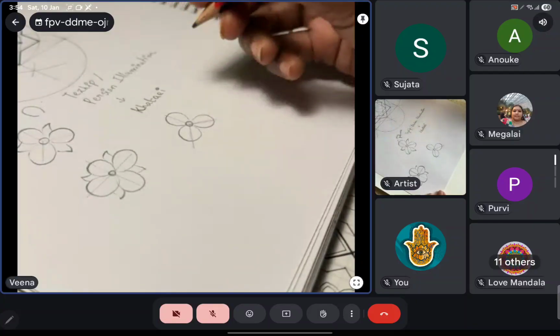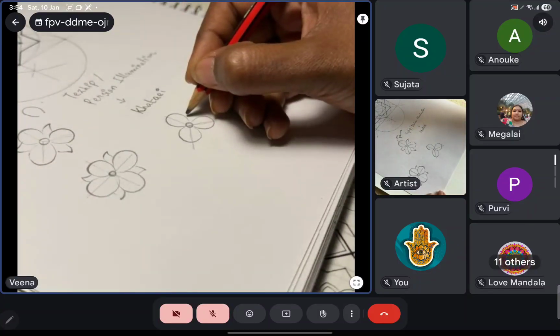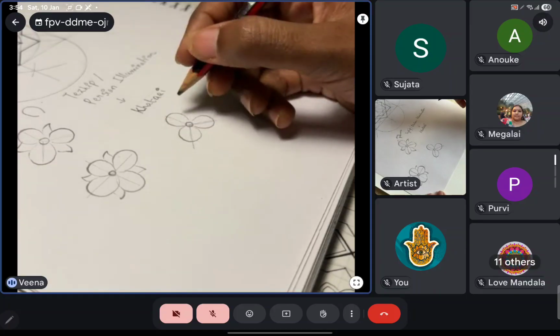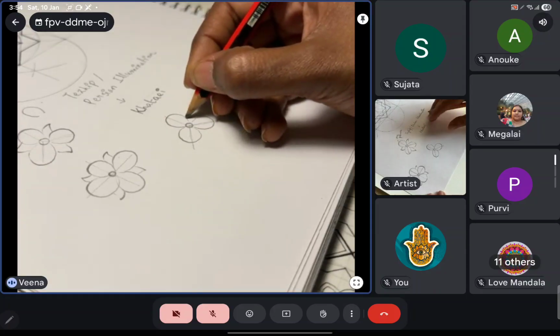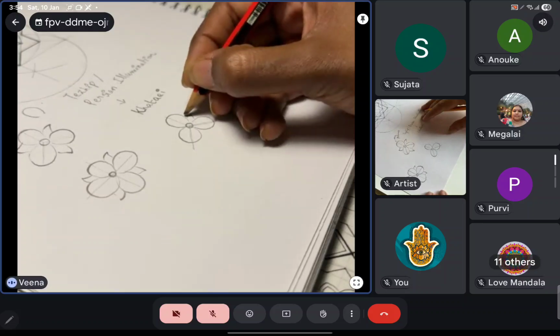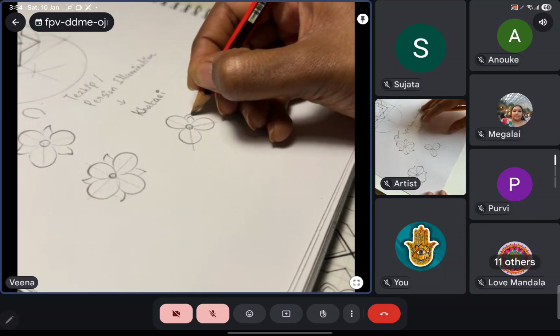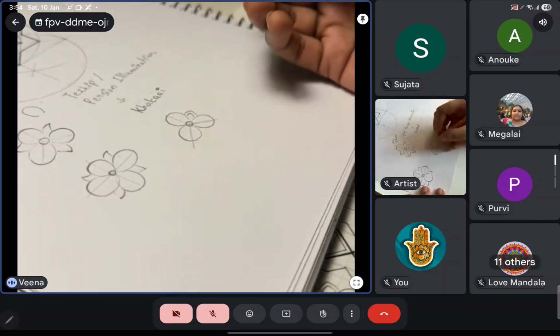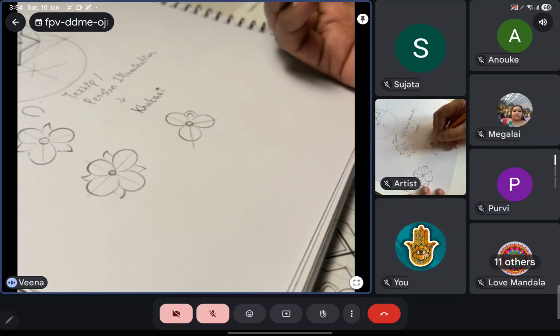And we're going to add leaf, but unlike before, we're going to just add like this. It's almost like the pointed petal in mandalas.